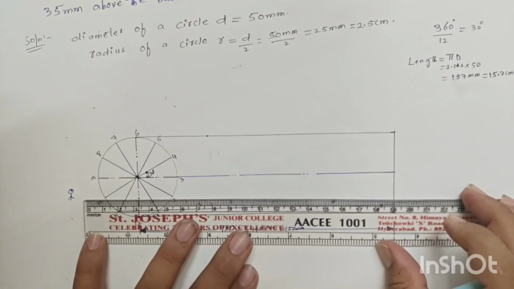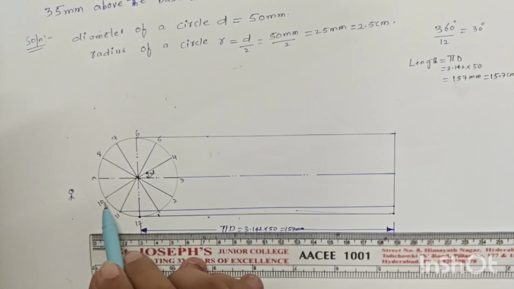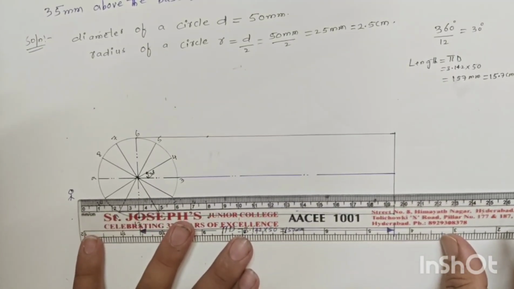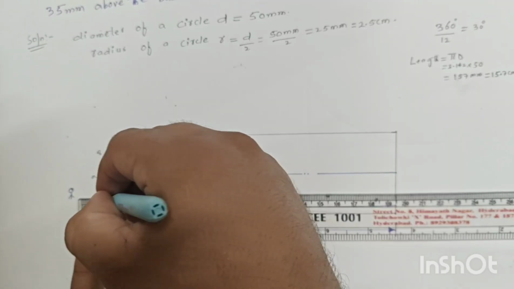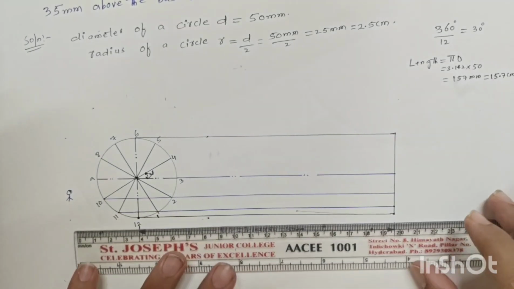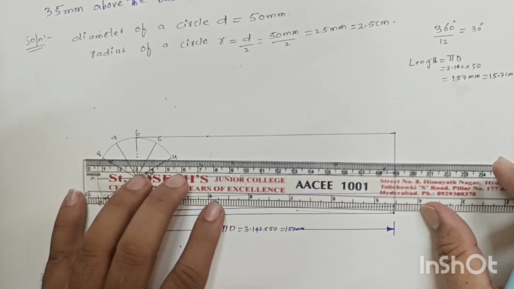From next one, from 10 to 2. Again from 8 to 4.